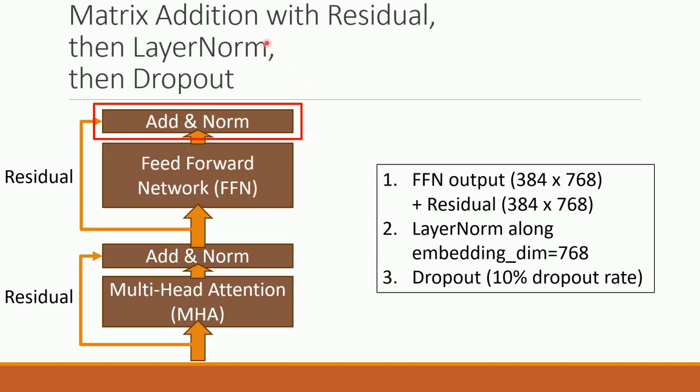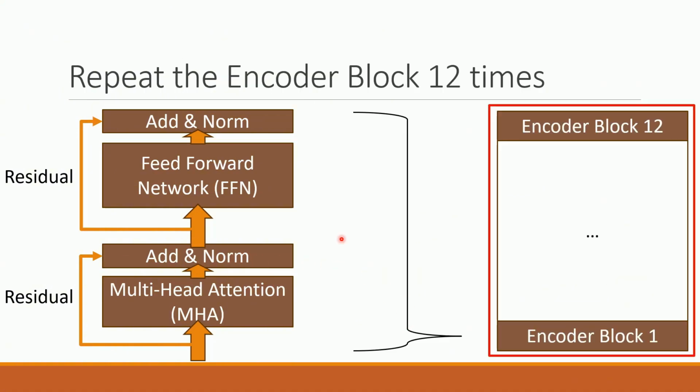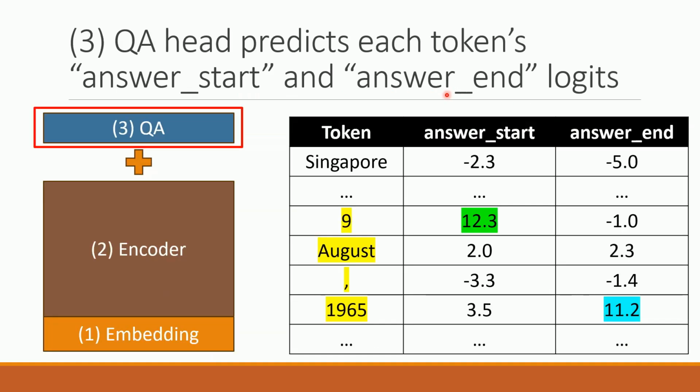And then afterwards, you do the matrix addition with residual, layer normalization, dropout with a 10% dropout rate. So this is the same details as over here. And then you repeat the encoder block 12 times. And then you pass to the, as mentioned before, the QA prediction head, where you predict each of the logits for answer start and answer end for each token.